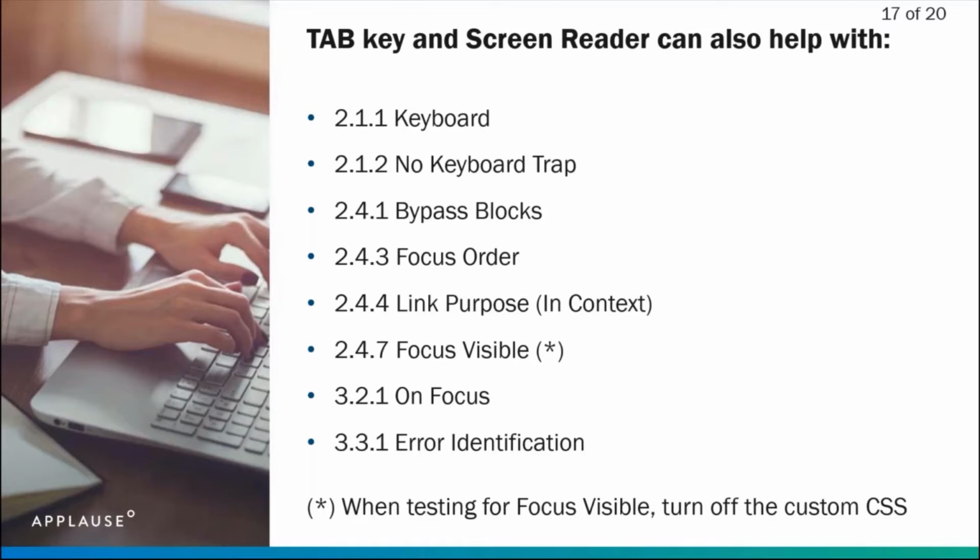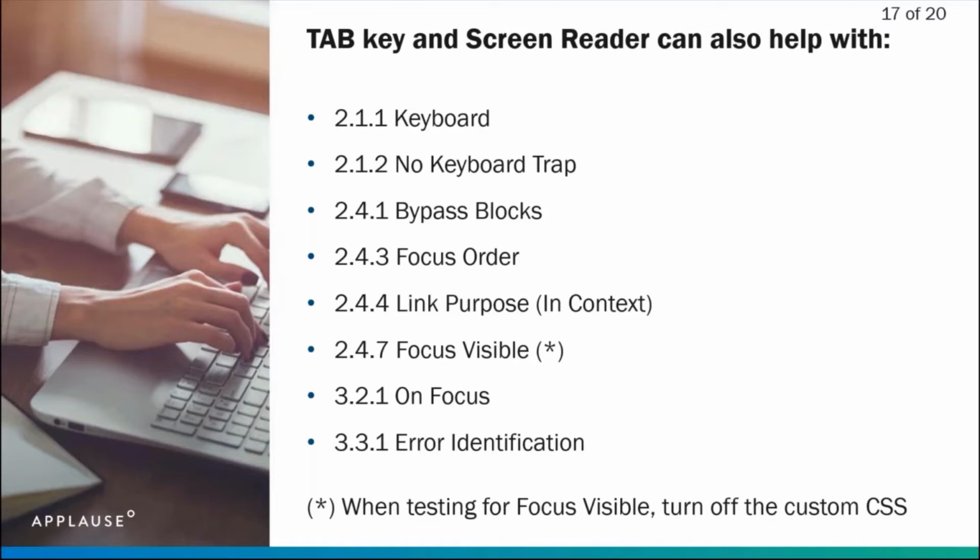You can check for focus visible, but again, I have this asterisk that when you're testing for the actual 2.4.7 success criteria, you want to turn off your custom style sheet because you want to see what the page's focus indicator really looks like and that it's visible.